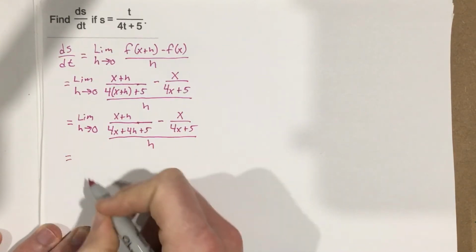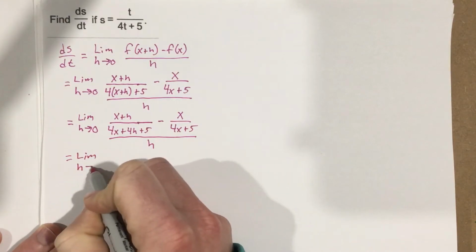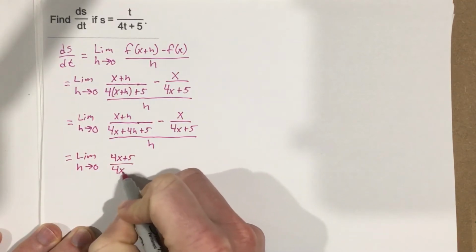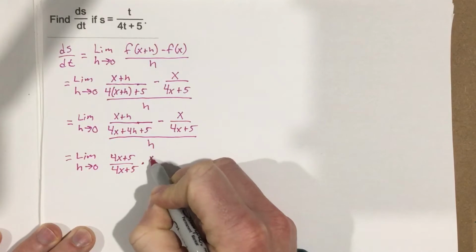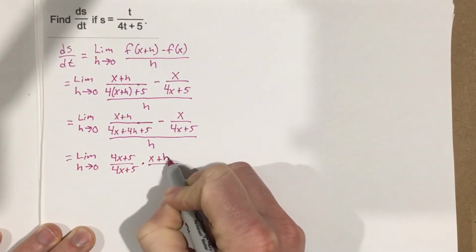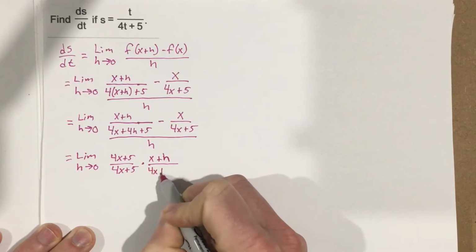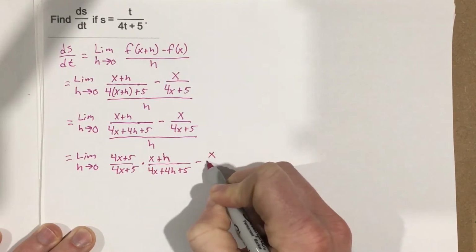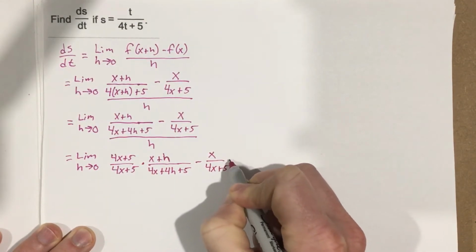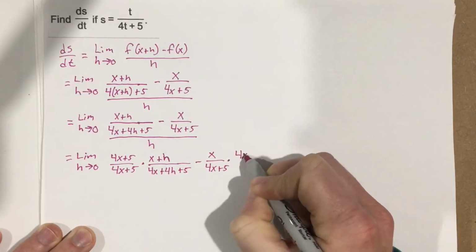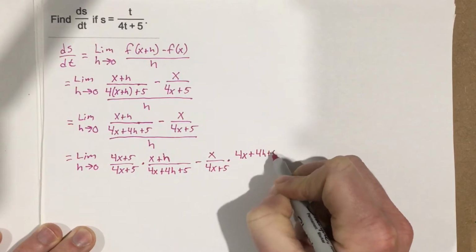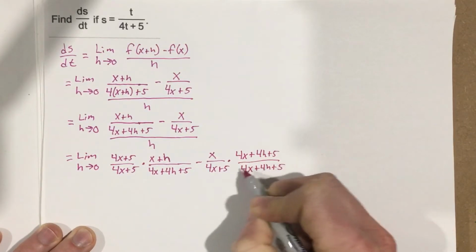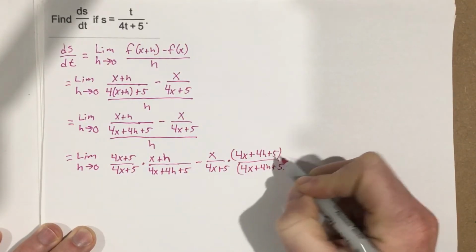So we're going to get the limit as h approaches 0, and when we multiply, we'll have 4x plus 5 over 4x plus 5 times x plus h over 4x plus 4h plus 5 minus x over 4x plus 5 times, and now we'll multiply by the other denominator, which is 4x plus 4h plus 5 over 4x plus 4h plus 5. Go ahead and put some parentheses around this stuff.